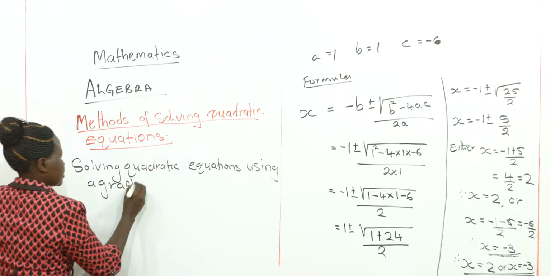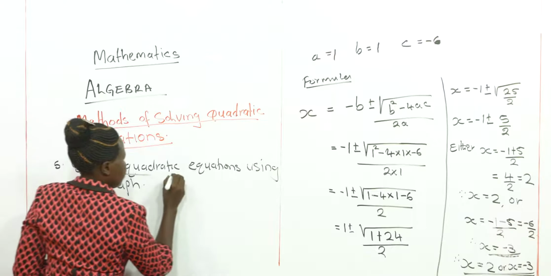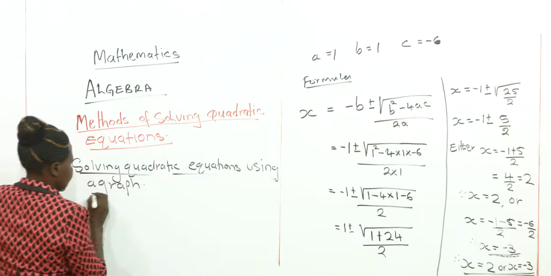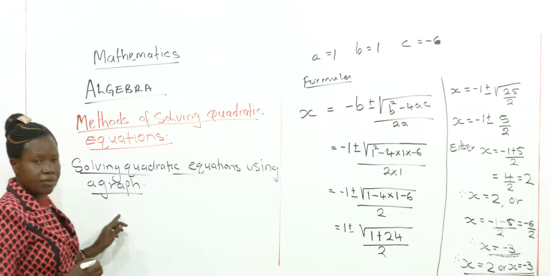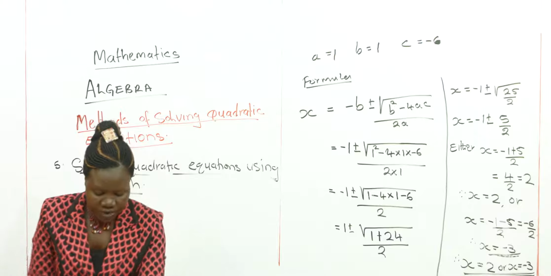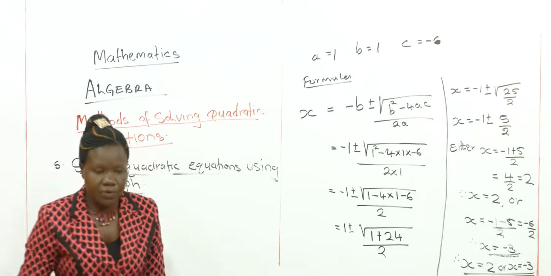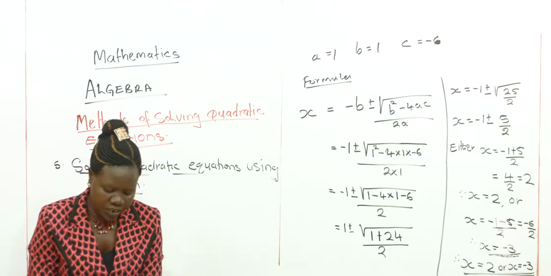This is the last method of solving a quadratic equation, that is by a graph. So my dear learners, when you are asked to solve an equation using a graph, you have to be very careful, and you must follow the following steps.